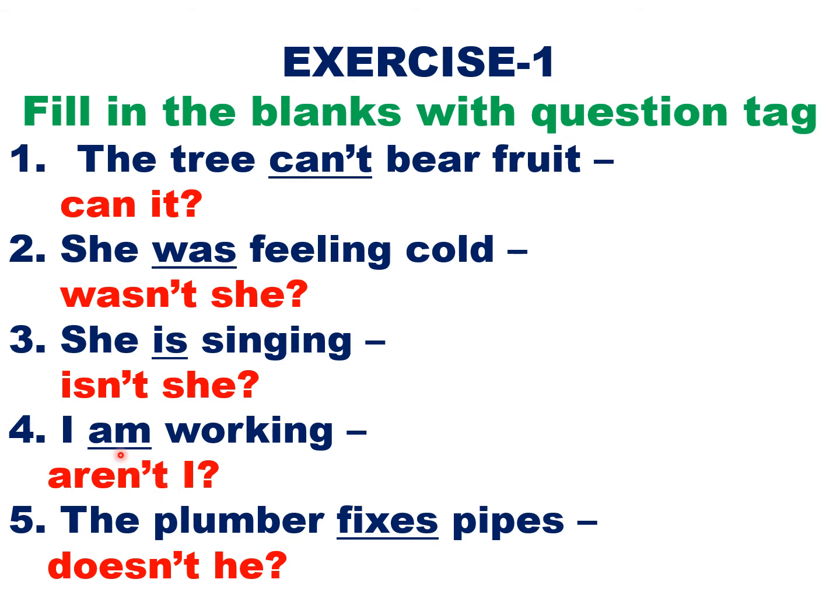The plumber fixes pipes. There is no auxiliary verb. Main verb fixes is here. It is in present tense. So, the statement is in positive sense. So, doesn't he. Male, so the pronoun he is used here. Doesn't he.